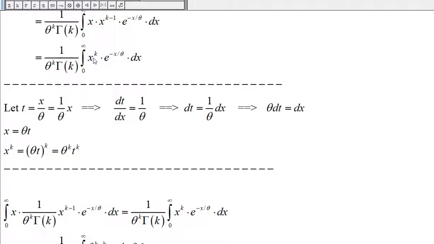From this equation, multiply both sides by theta, we get x is equal to theta times t. We need x to the k, so raise both sides to the power of k. So we have x to the k equals theta t to the k, which is theta to the k times t to the k.